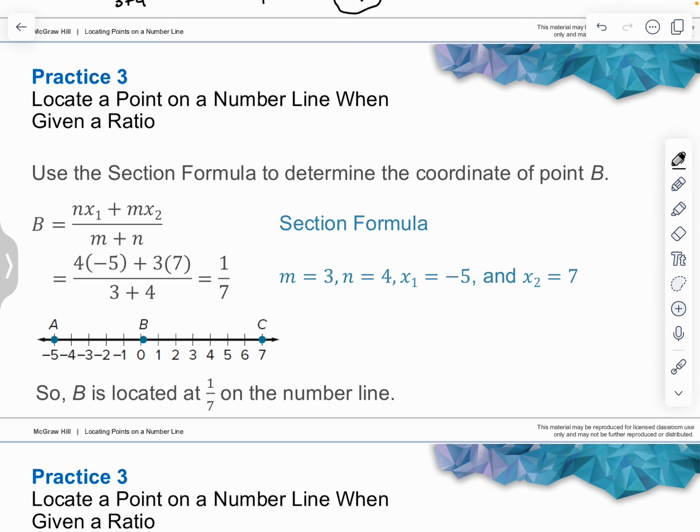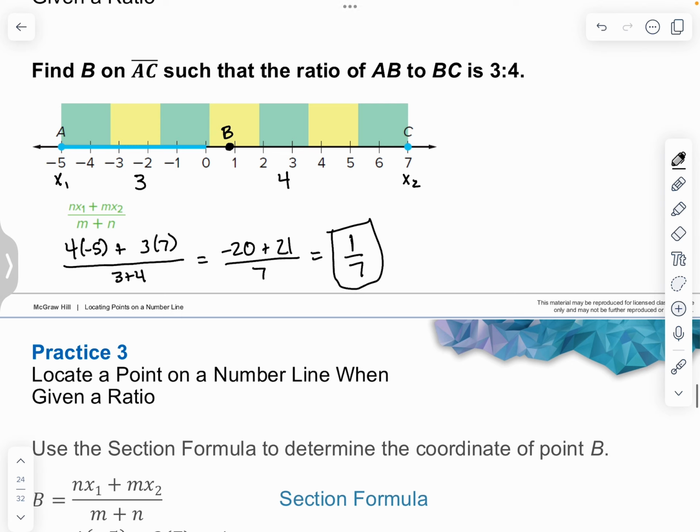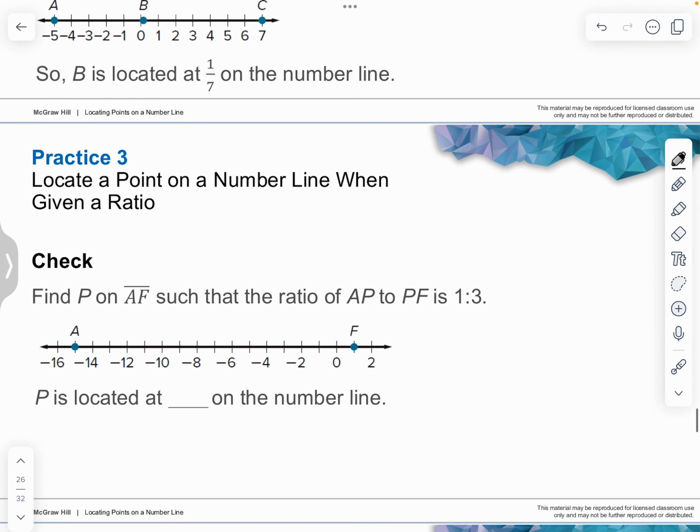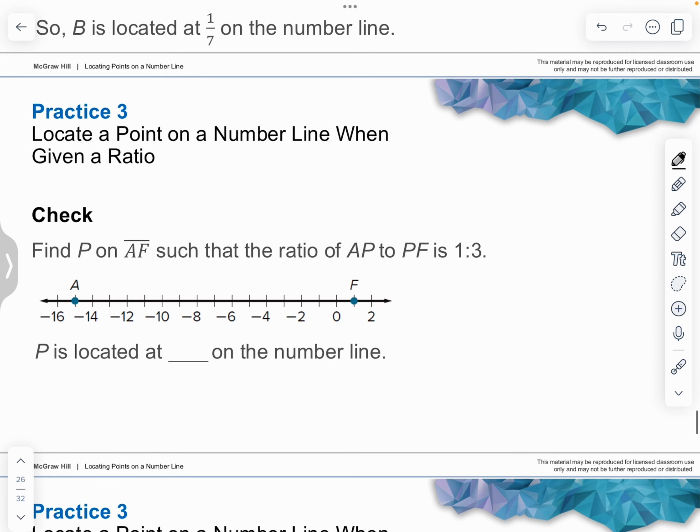It's located at 1/7, and that's my B right there. So there's your practice. Go ahead and try that one.